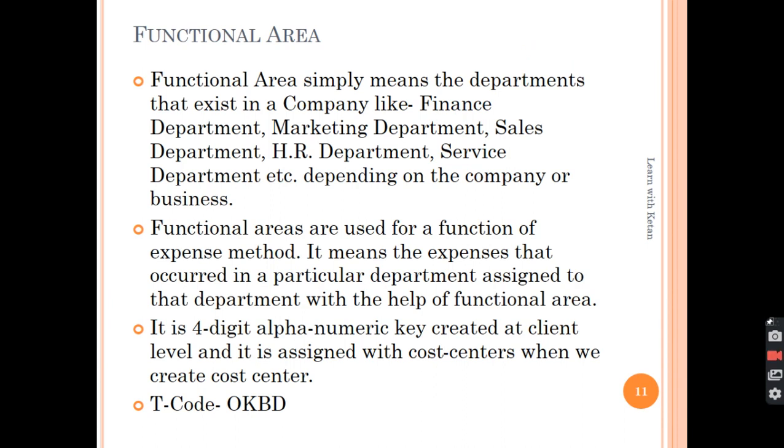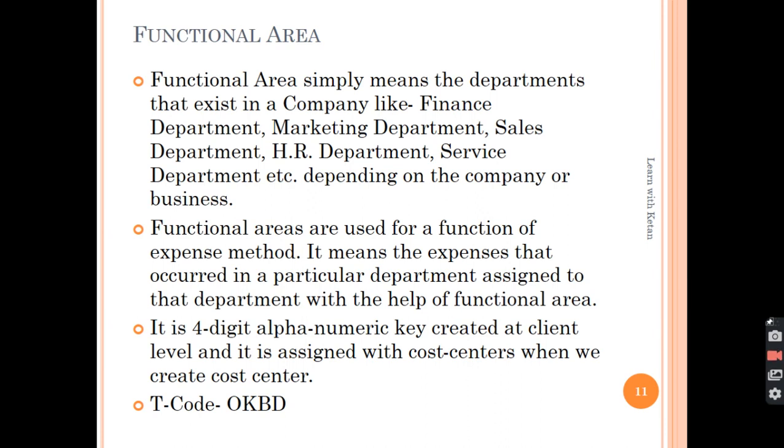Now third point is, it is a 4-digit alphanumeric key created at client level, and it is assigned with cost center when we create a cost center. So when creating a functional area, you have to define a 4-digit alphanumeric key for functional area. And a functional area works the same as segment, as the segment is entered in profit center master data.